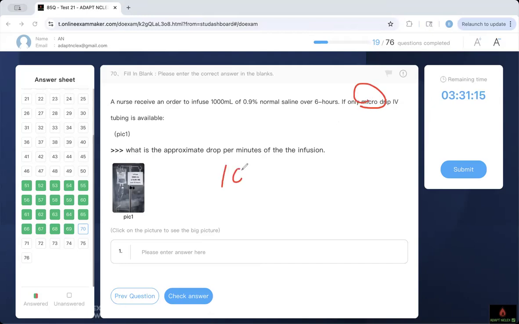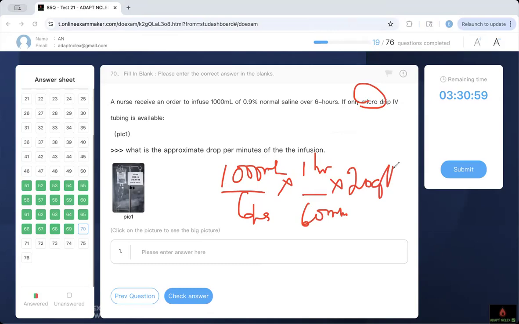Therefore, we have 1,000 ml, and we're going to give it over 6 hours. We change these 6 hours into 1 hour over 60 minutes. Then what is our drop factor?